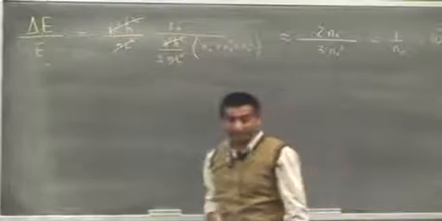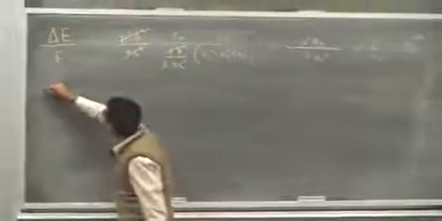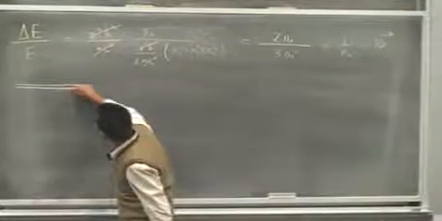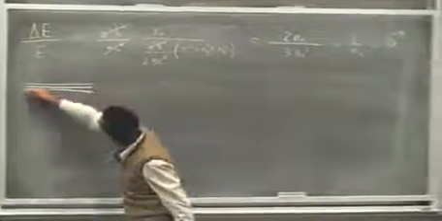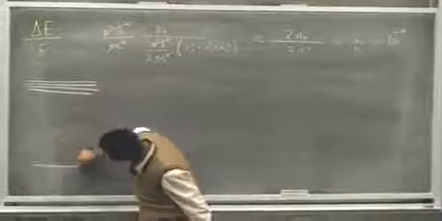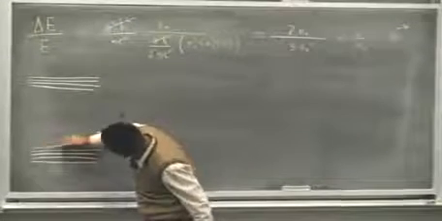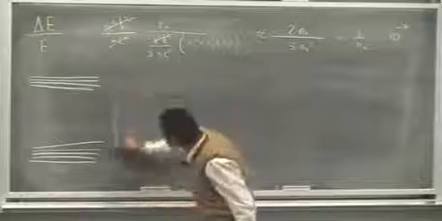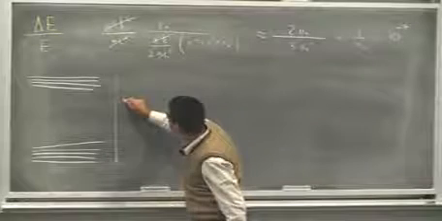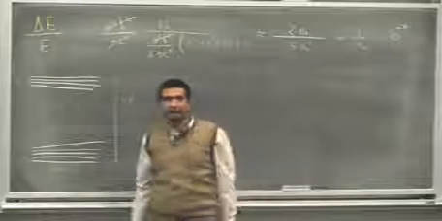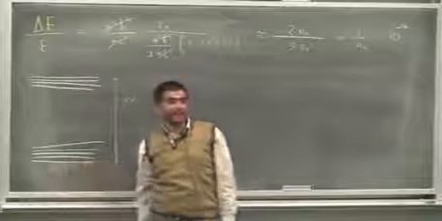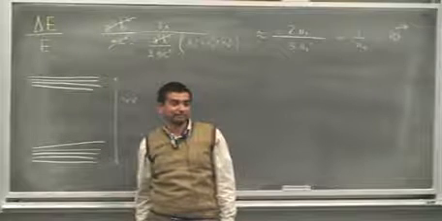So what does this mean? This means I have a large number of energy levels, an extremely large number of them. And if this energy is 1 electron volt, I have 10 million levels in between. I have 10 raised to power 7 levels in between.